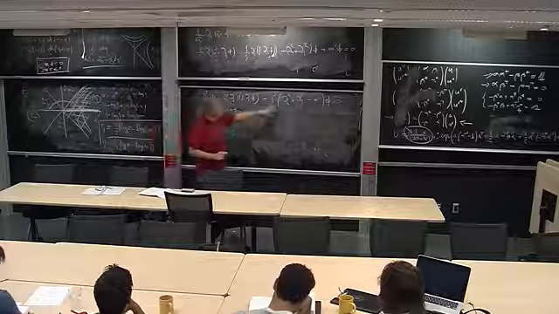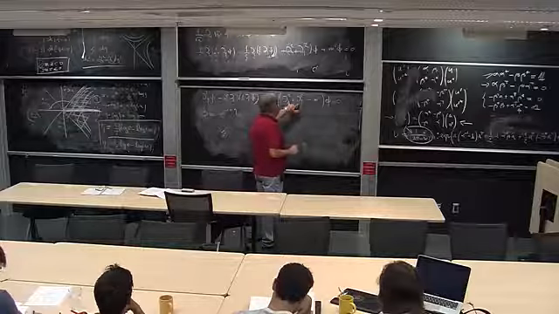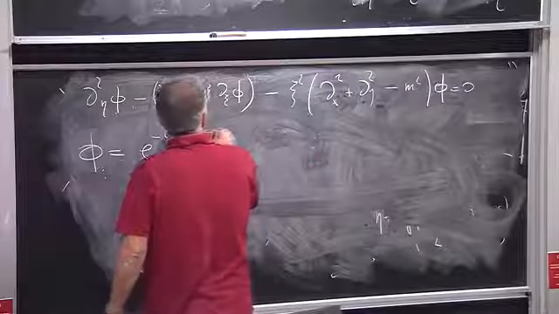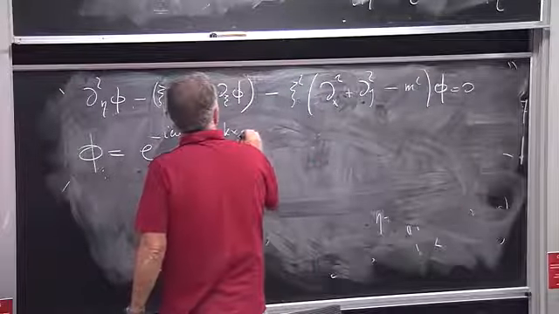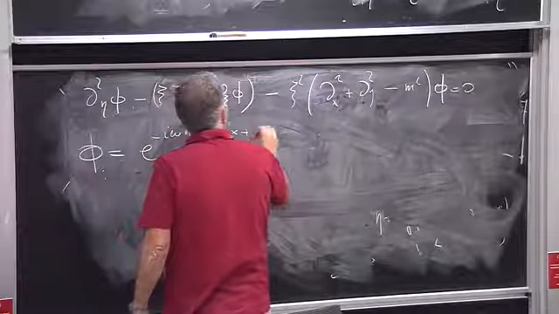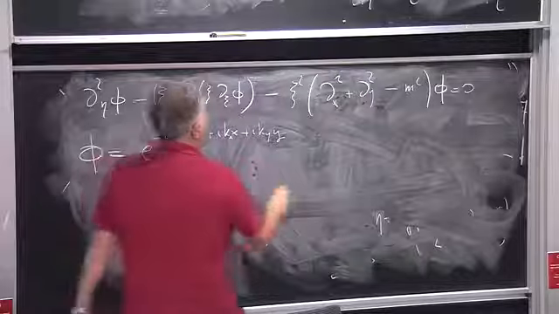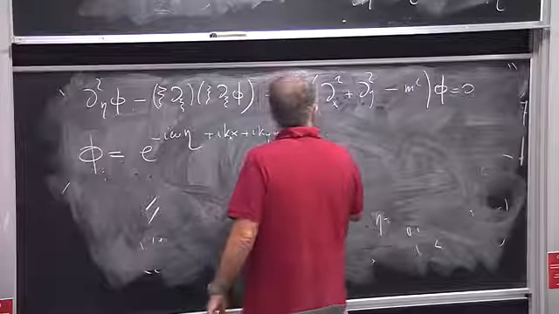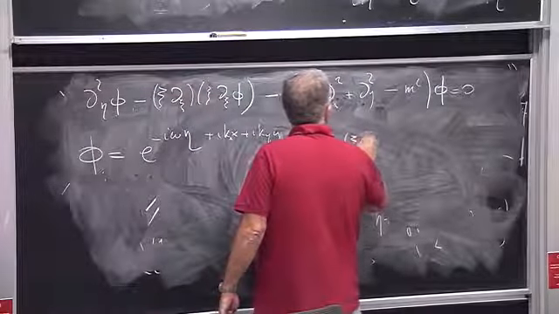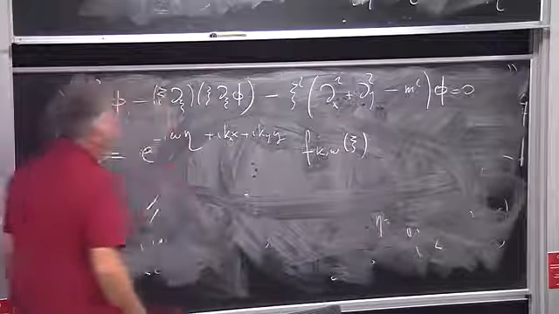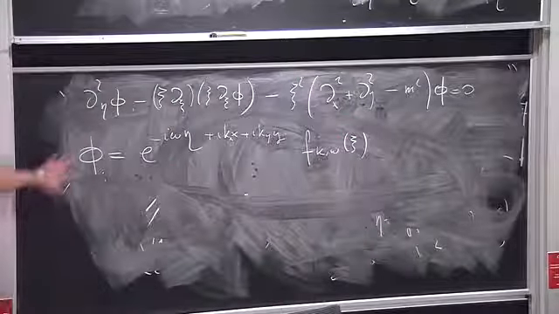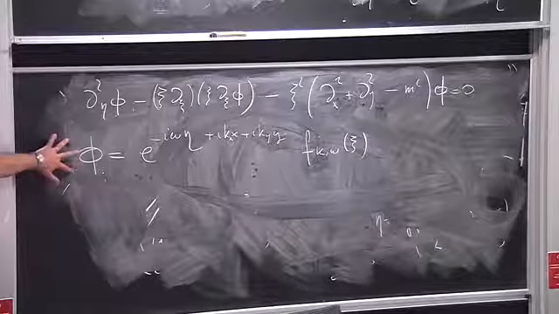Then you get this part which is trivial. So you suppose that this also is e to the i kx x plus e to the i ky y. And then you multiply by a function of xi to be determined. Okay? This is the ansatz you do for the modes.